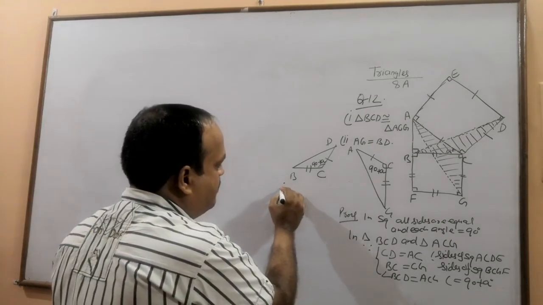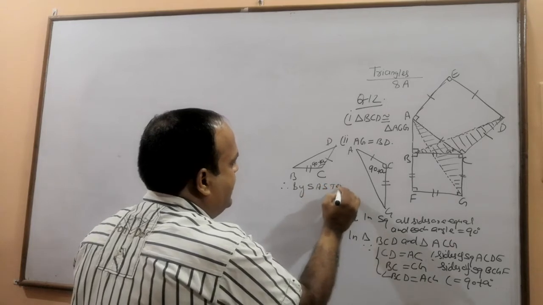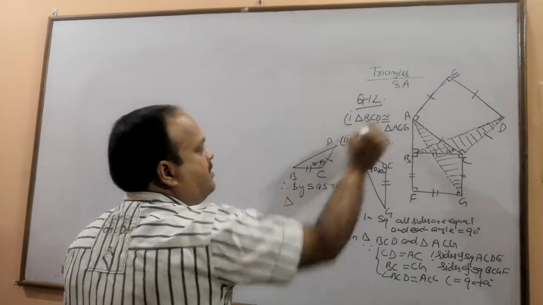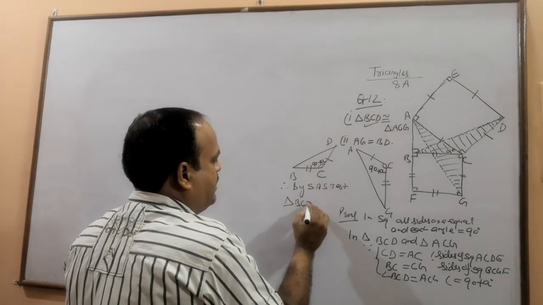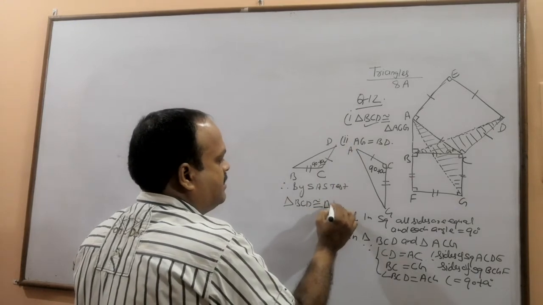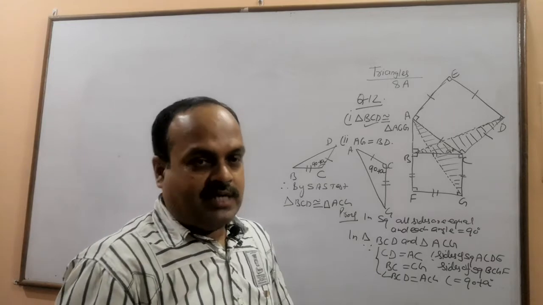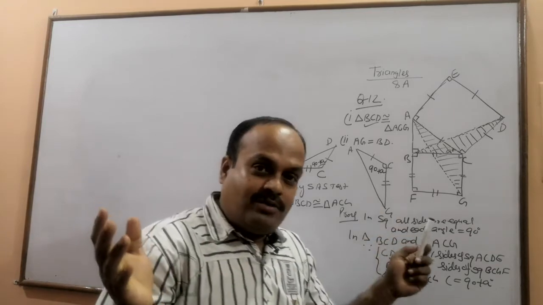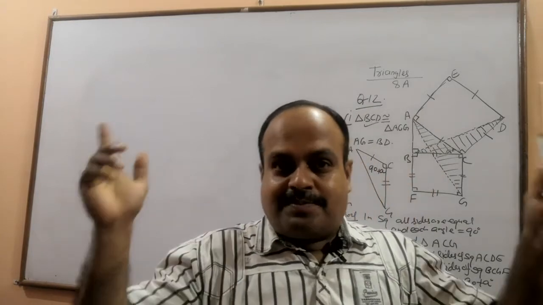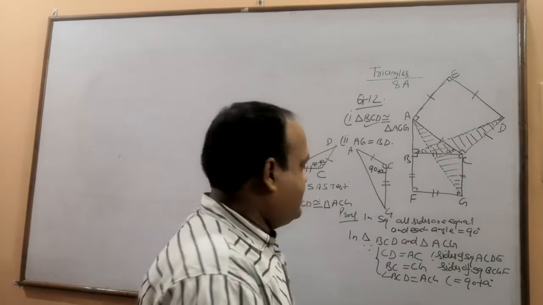Therefore, by SAS test, triangle BCD is congruent to triangle ACG, and when these triangles are congruent, then I hope you all know that in congruent triangles their corresponding sides and corresponding angles are equal. Therefore, their corresponding parts are equal.